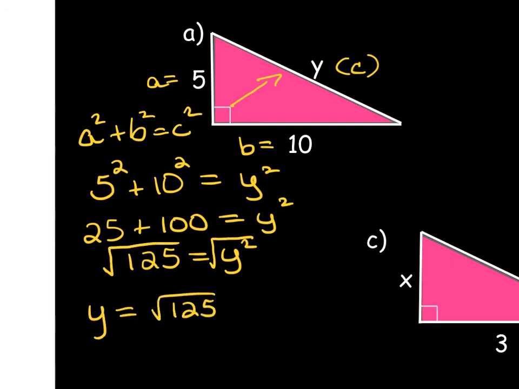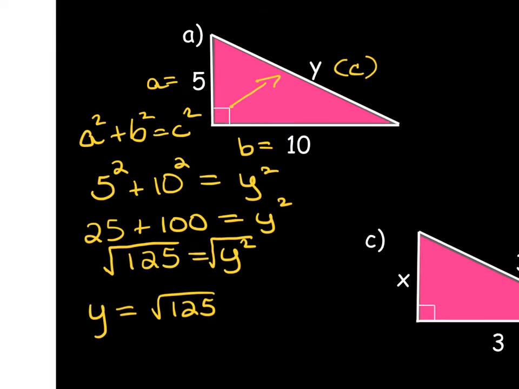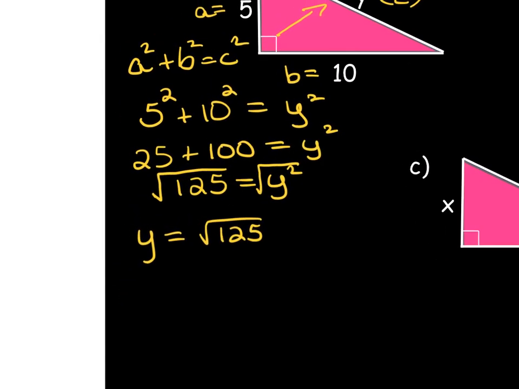Now, we need to leave things in simplest radical form, so now I need to break down the square root of 125, so I'm going to do a factor tree. If I take 125 and figure out what I can multiply to get 125, I could do 25 times 5. I'm going to keep breaking down until I'm in prime numbers.